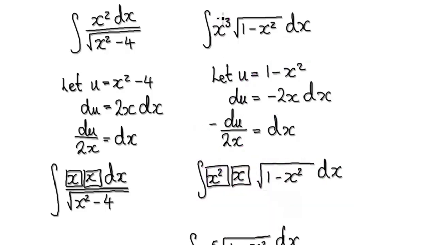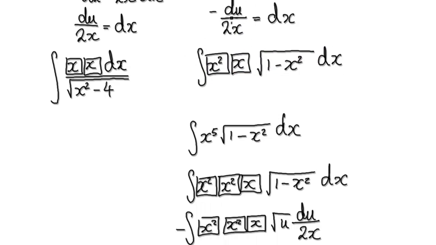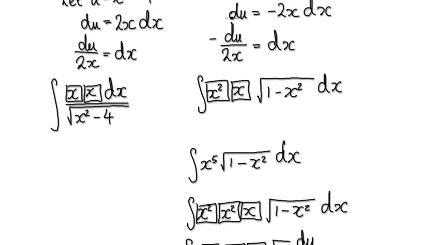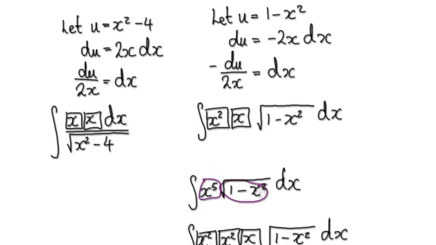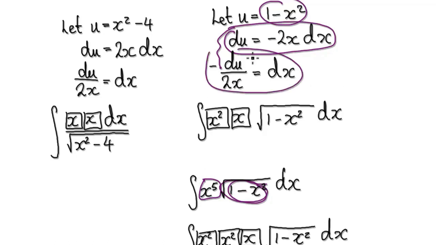Now, this is x to the power of 3. Let's look at the case where it's x to the power of 5. So again, let this be u. So du equals this thing here, and dx equals this thing here.